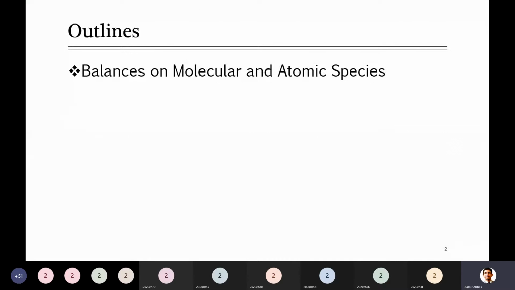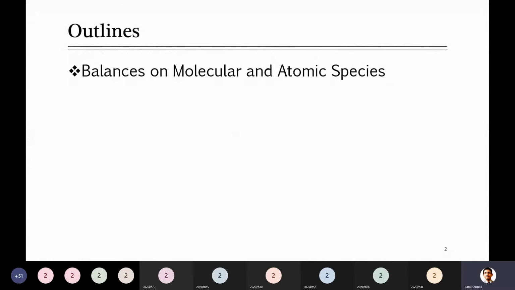The third, which I didn't mention here but we are going to discuss, is the balance by using the equation of extent. We can write the equation of extent for all species. For example, chlorine is one species, and ethylene, propylene, or all other products which were produced in that reaction, we can consider all species and write the equation of extent for all species.